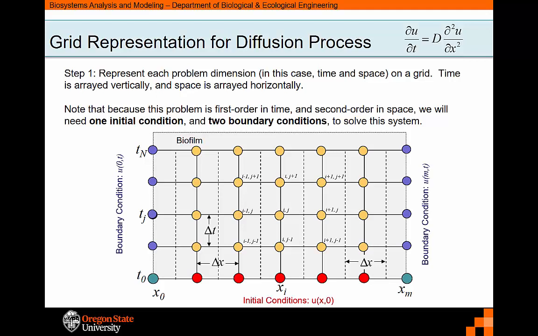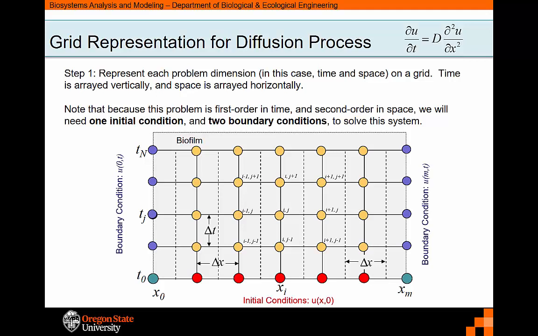Because this problem is second order in space, which we know because the spatial derivative is d2u dx squared, we will need two independent boundary conditions. For this problem, we will assume these two independent conditions are the concentrations of the substrate U on the left and right-hand sides of the biofilm. Note that these boundary conditions must be defined for all points in time that we want to simulate.